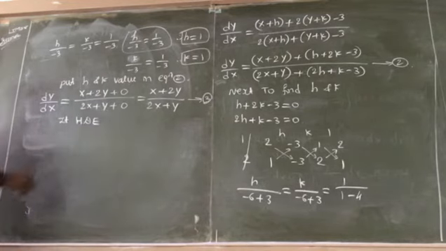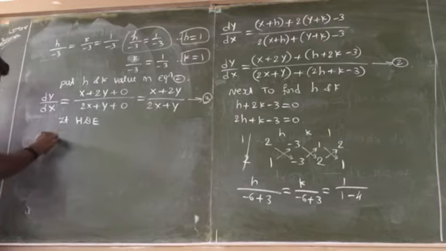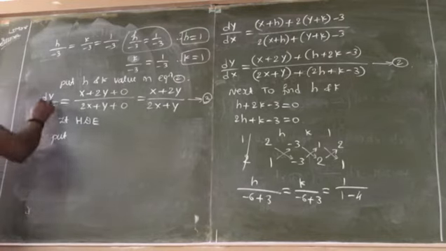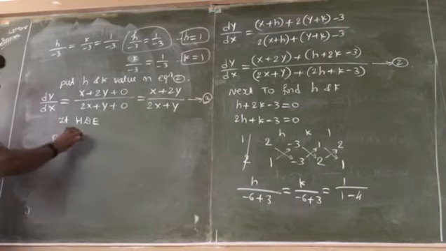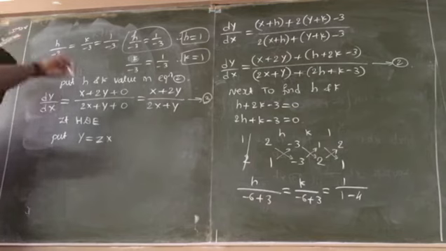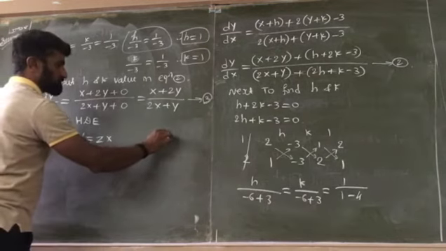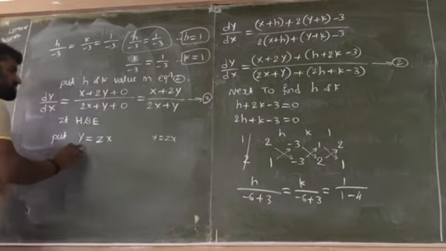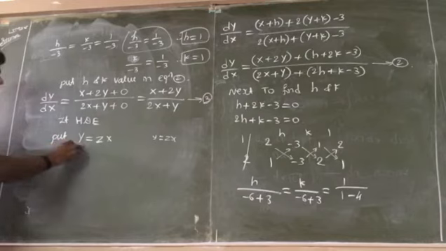So what is its procedure? Put capital Y, the dependent variable, equal to another variable z times x. Earlier you put small y equal to zx; here capital Y is the dependent variable, same procedure as it is.